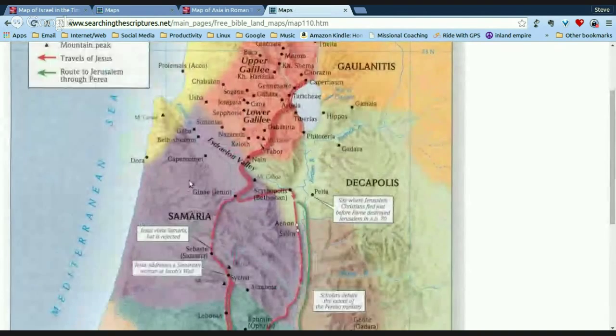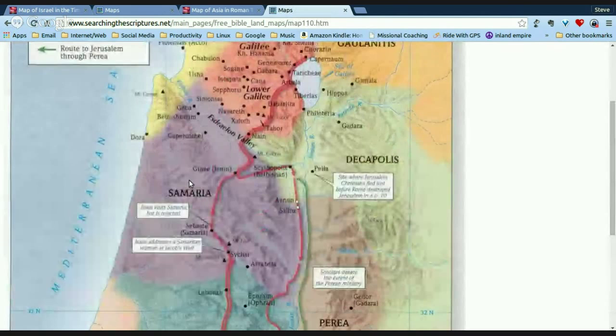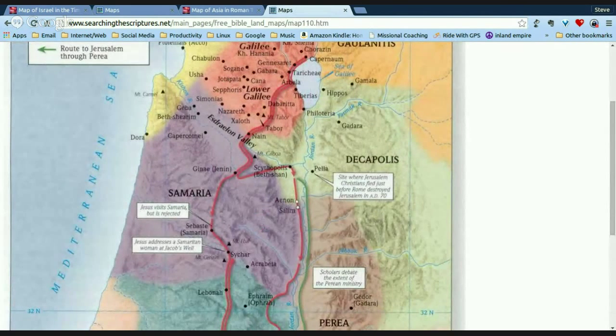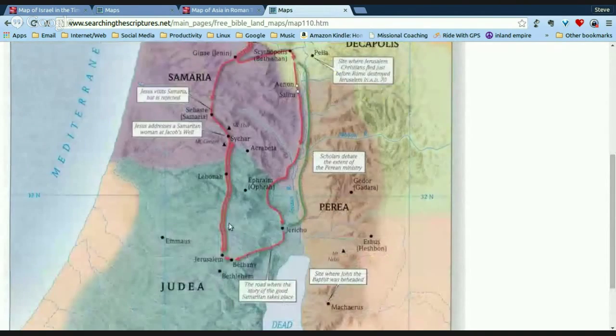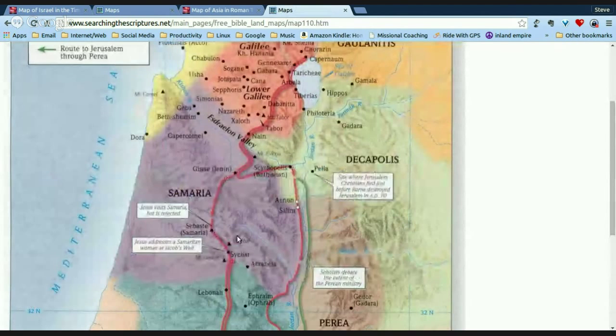This kind of gives you the traveling of Jesus back and forth. Now, it's interesting. Sometimes he traveled directly through Samaria. Samaria sat between Judea and Galilee. And Samaria, if you remember, is the place where Jews who were assimilated into Assyrian culture and intermarried with Syrians, this is where they lived.